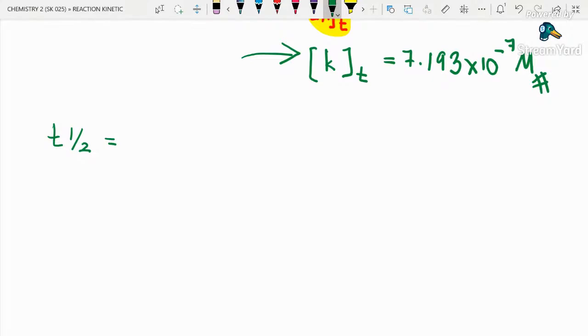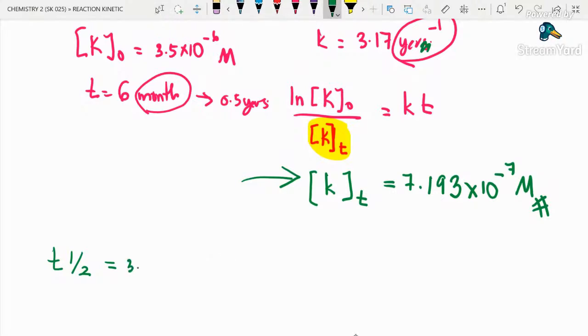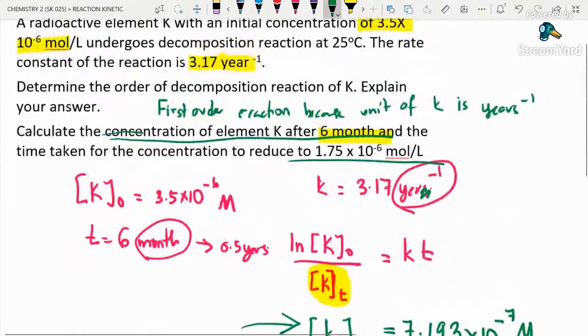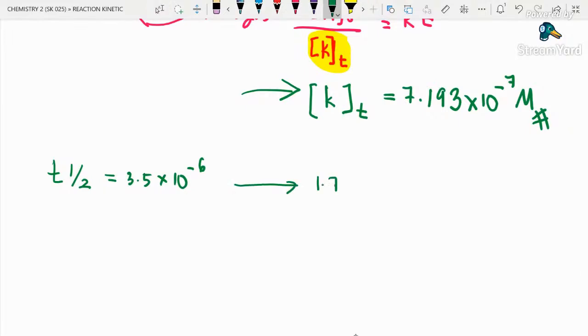It is the time taken for the concentration of the reactant to reduce by half from the initial concentration. That's roughly the sentence. So initially we had 3.5 times 10 to the power of negative 6. Now it becomes 1.75 times 10 to the negative 6. Let's see whether this concentration is half of the original. We prove it first: 3.5 times 10 to the negative 6 divided by 2. Yes, it becomes half. It means this is the half life.